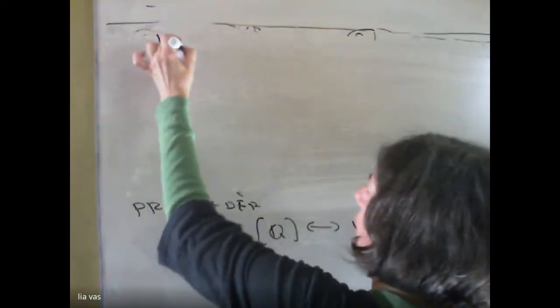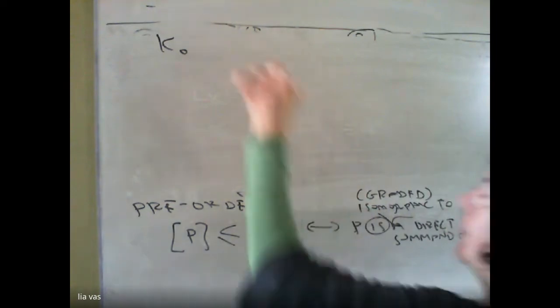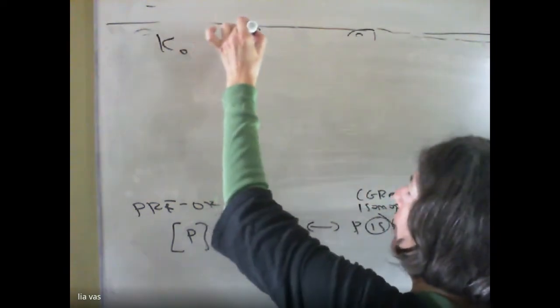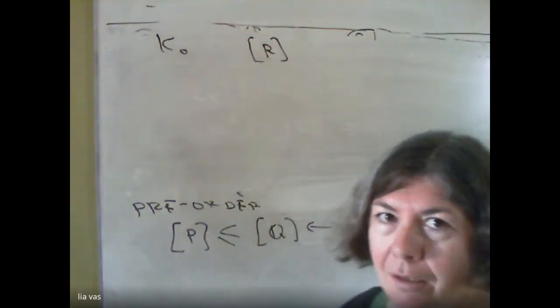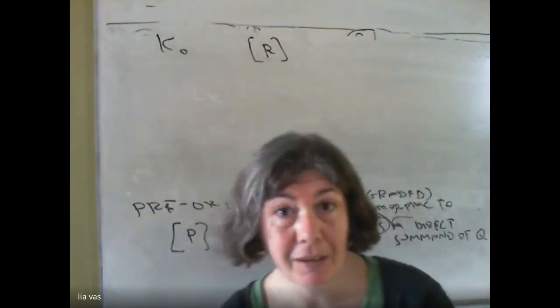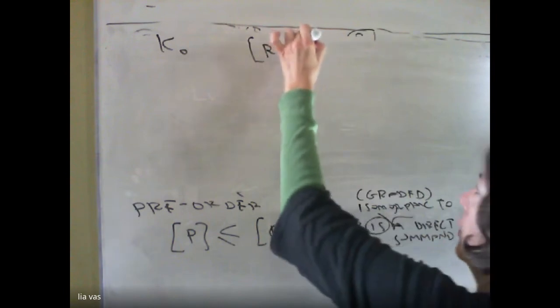Let's just talk for a moment of K0, right? There is a very special element here, which is kind of your generator of everything finitely generated free, right? So this has a special role.